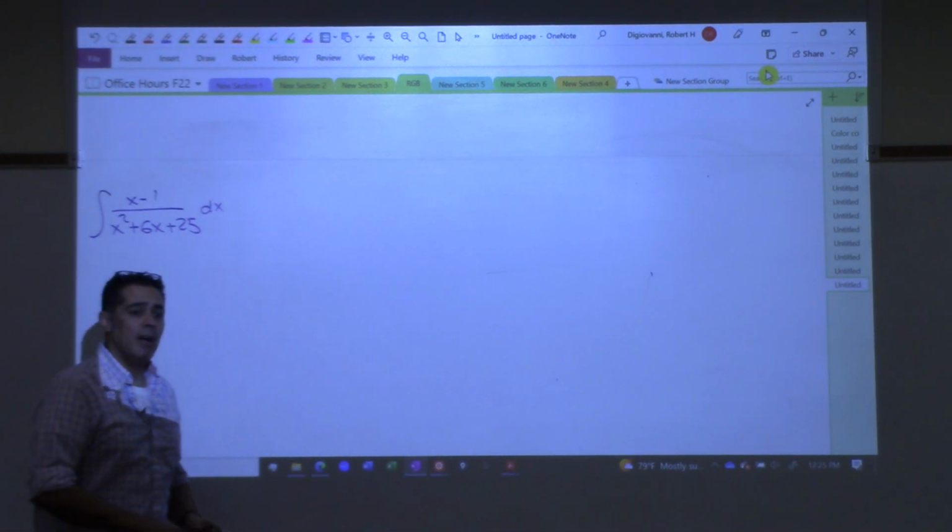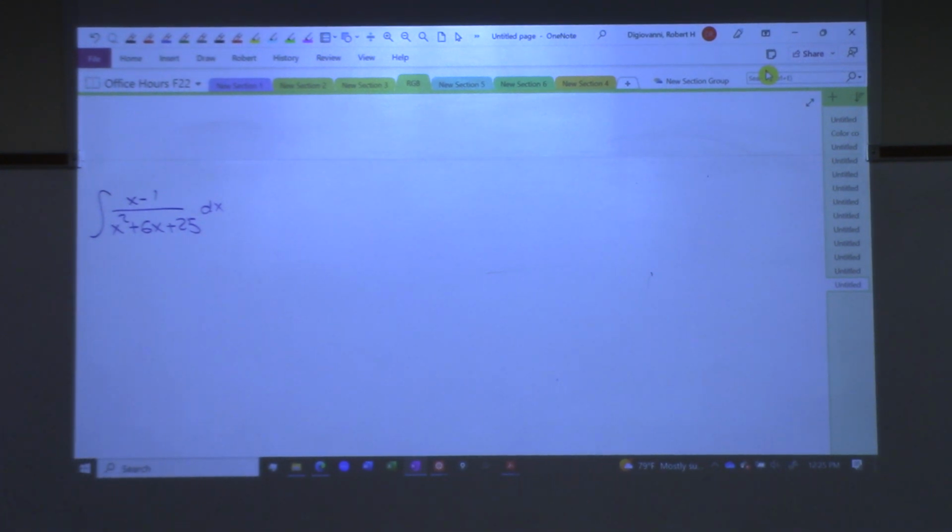Yes? I have a question. It's going to be a dumb question, but I know there are a lot of different types of scenarios, like this one, or a constant over just something else. The steps that we take for each one, is that something we just have to memorize? Don't look at it like memorization. Do you have a hobby?